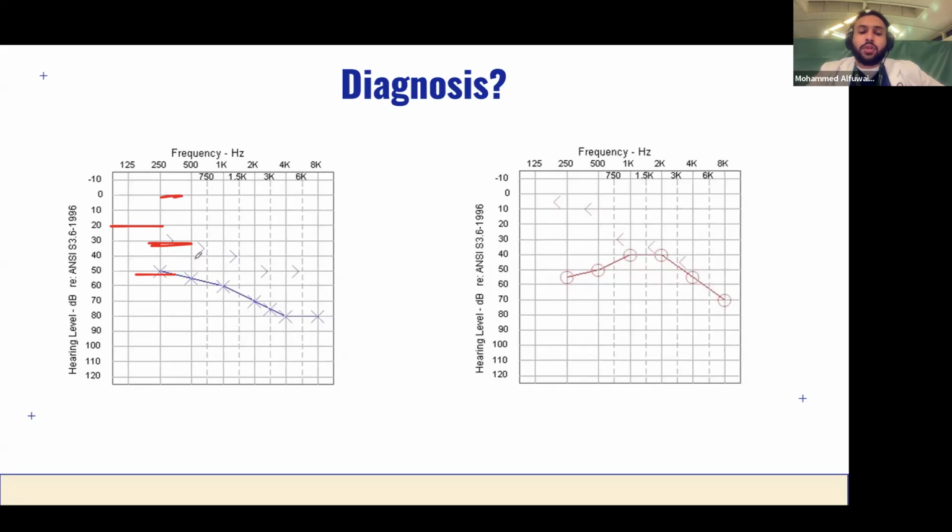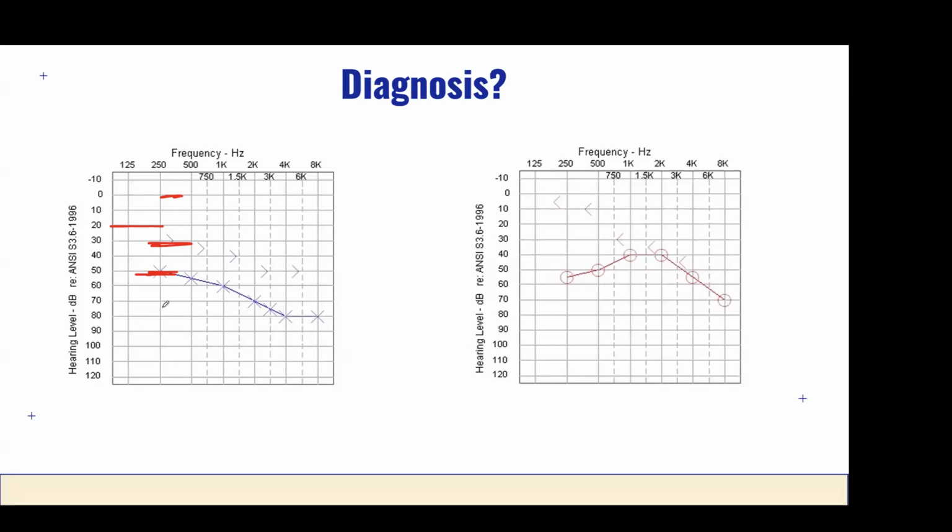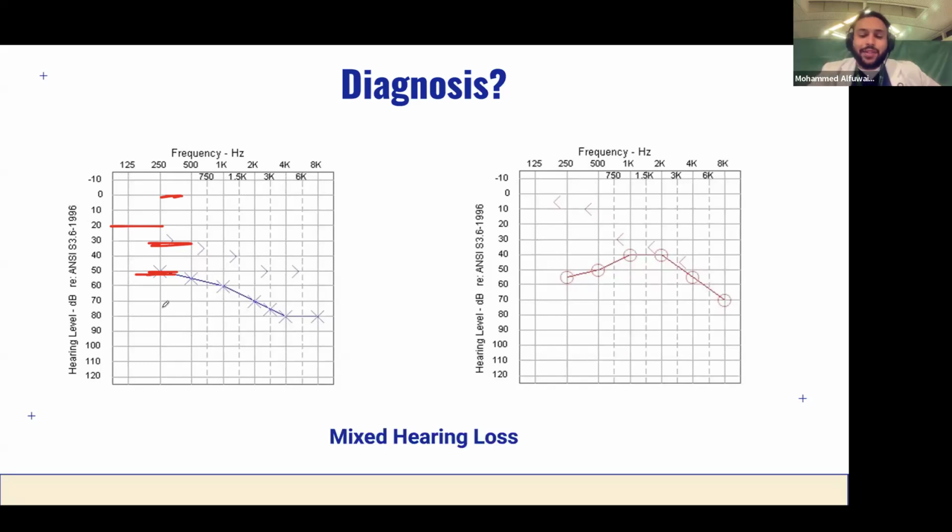If it's conductive, bone should be here, air should be here. But here, both bone and air are abnormal. So exactly, mixed hearing loss, both. You don't need to go into detail with this, just memorize the audiogram, okay?